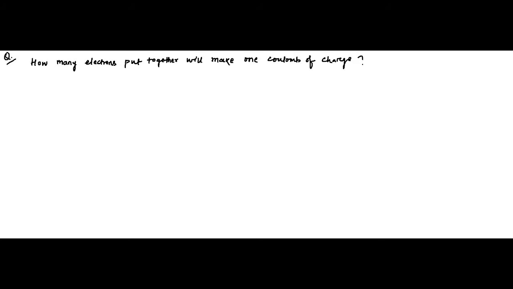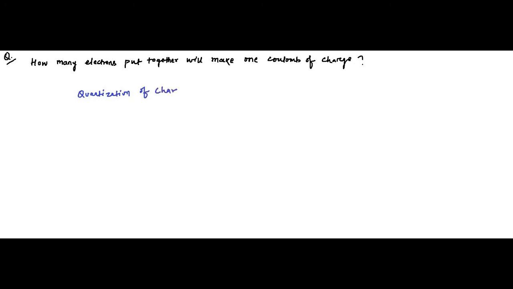So it has been asked, how many electrons put together or combined together will make 1 coulomb of charge. Okay, now we know the concept of quantization of charge, we have studied it.